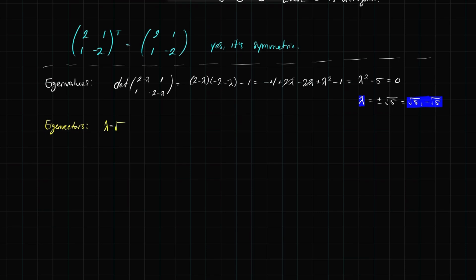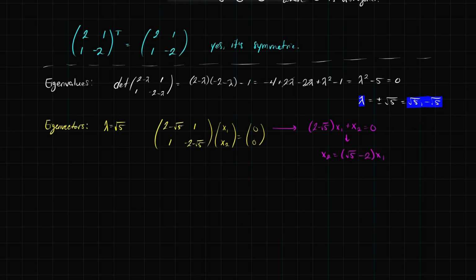So for lambda equal to the positive root 5, we're looking at the equation 2 minus root 5, 1, 1, and negative 2 minus root 5, against x1, x2, equals 0, 0. The top line is going to tell me that 2 minus root 5 times x1 plus x2 is 0, which can immediately be arranged for x2 as x2 is root 5 minus 2 times x1.